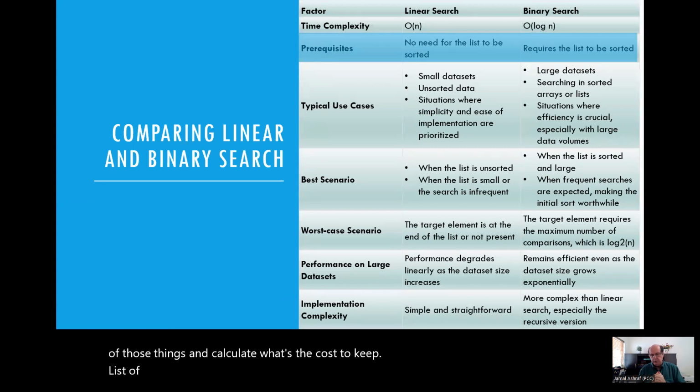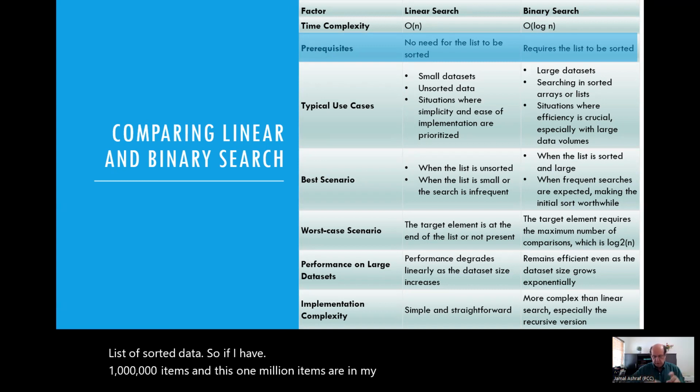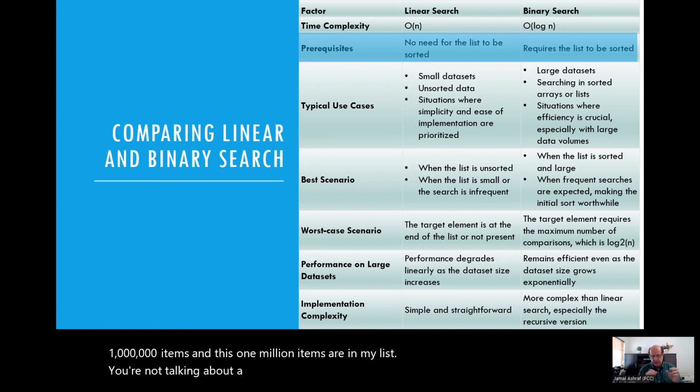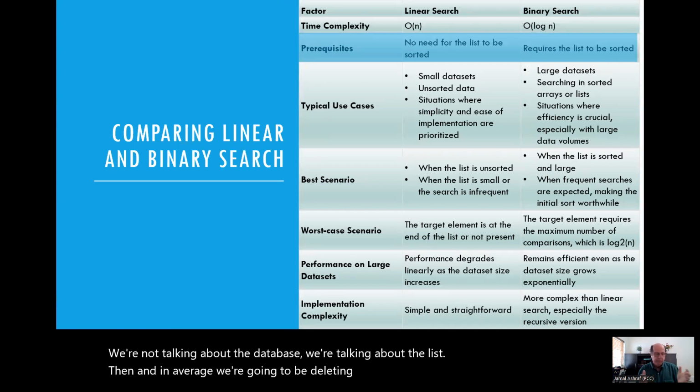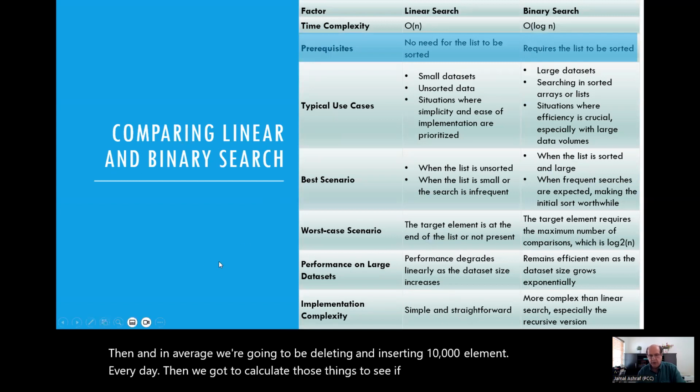So if I have 1 million items in my list, and we're not talking about a database, we're talking about the list, and on average we're going to be deleting and inserting 10,000 elements every day, then we have to calculate those things to see if that really helps or not.